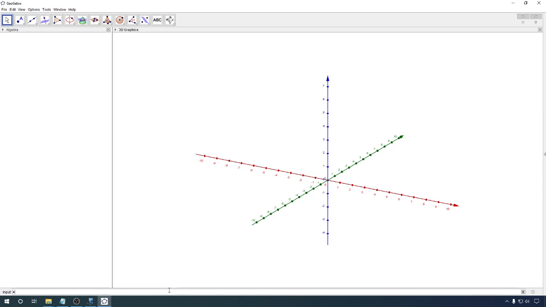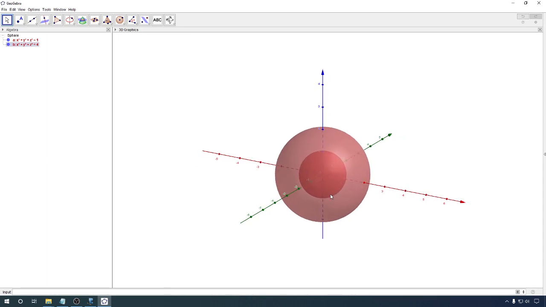So let's start with graphing our spheres. We have the sphere x squared plus y squared plus z squared equals 1, the sphere of radius 1, and then x squared plus y squared plus z squared equals 4, the sphere of radius, no, radius 2.